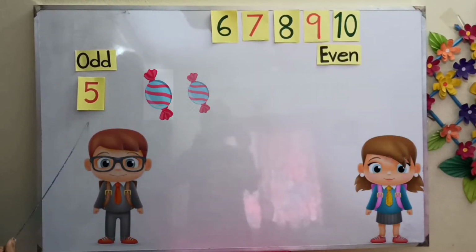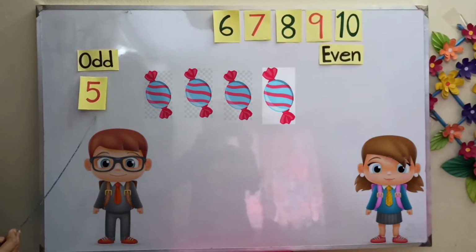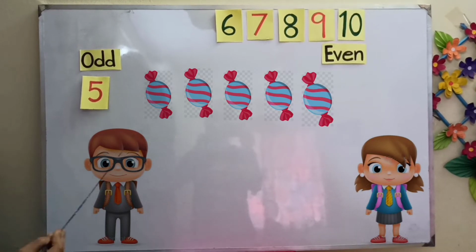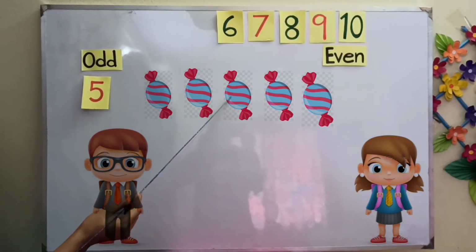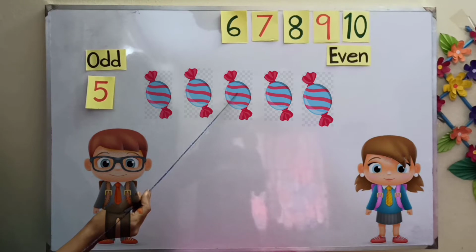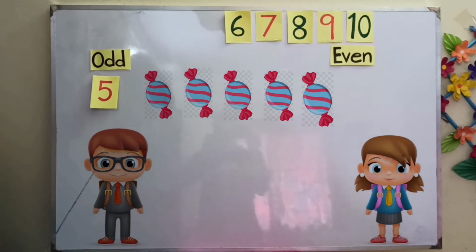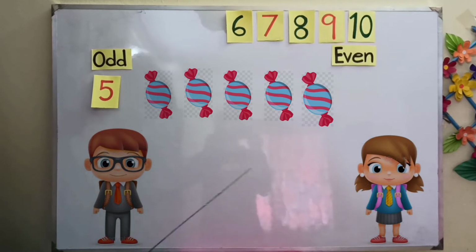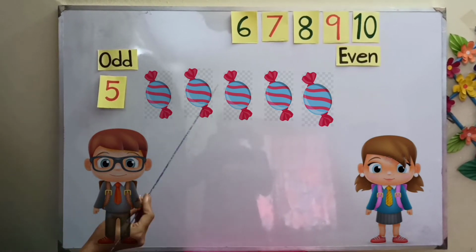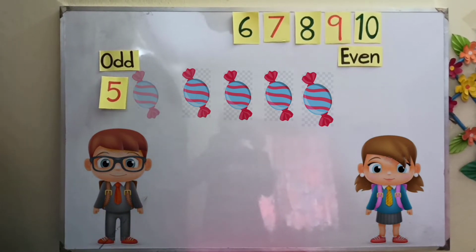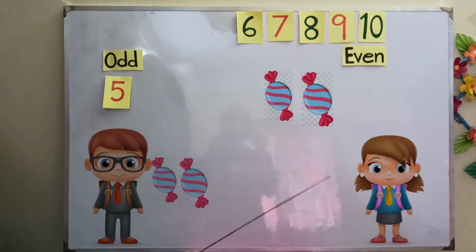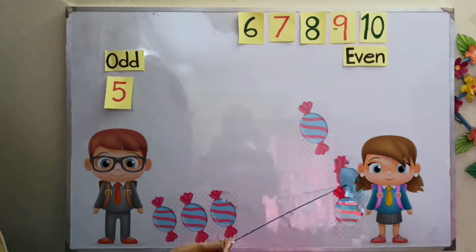5. And 5 is an odd number because there are 5 candies and I can't share the 5 candies among Tony and Molly equally. Either Tony will get 3 candies and Molly will get 2.